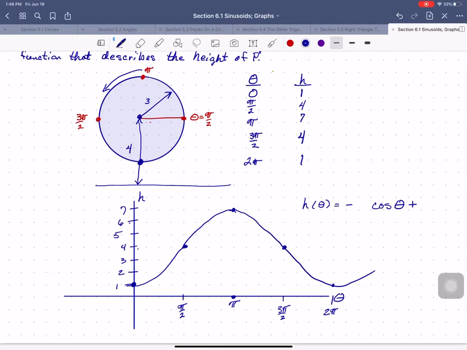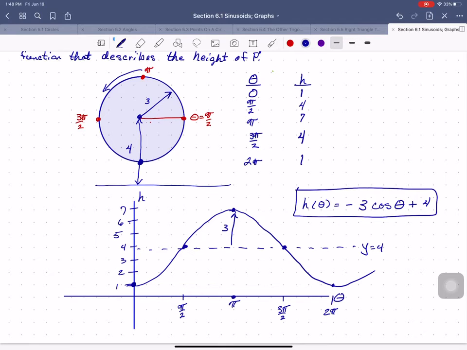Now, my midline is the center of my circle, so that's 4, right? And my amplitude is 3, so that's what goes in front. And that is the function that describes the height of my point.